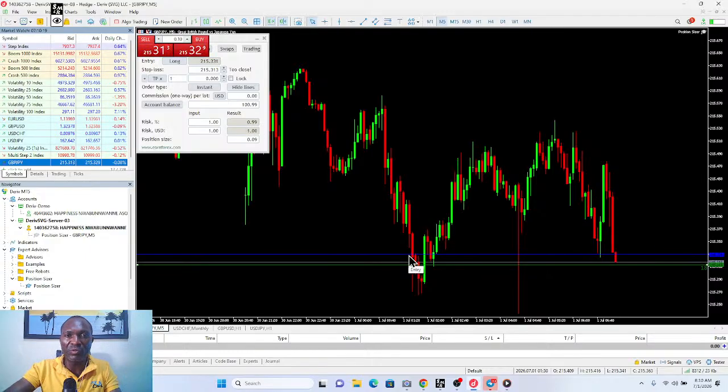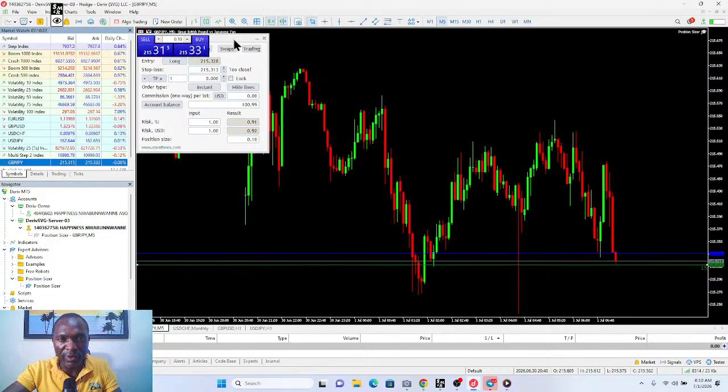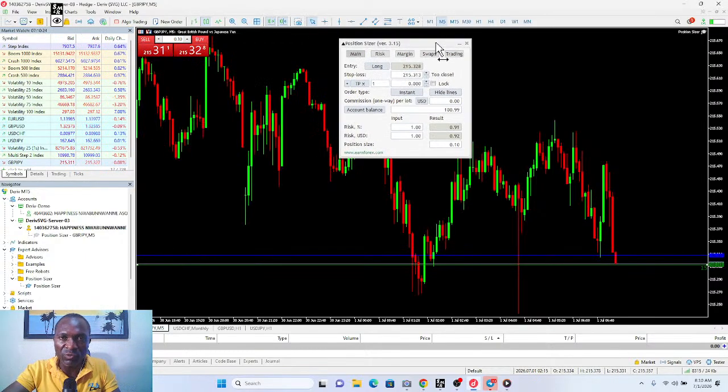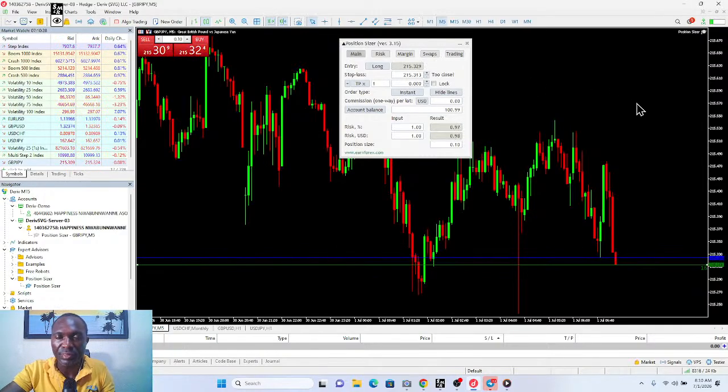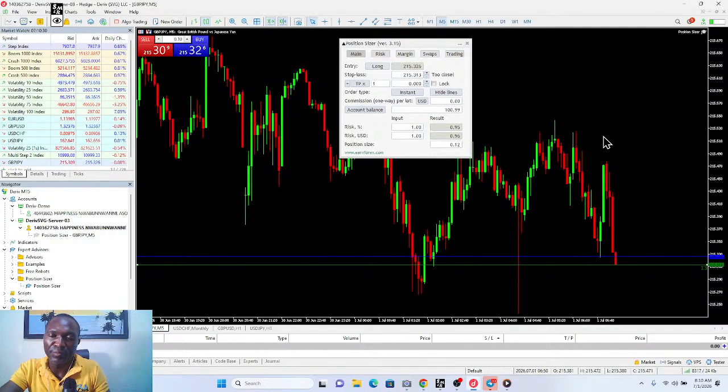Tomorrow, by God's grace, we'll trade with our phone. So this is the position calculator for us to know what we want to risk on a trade.